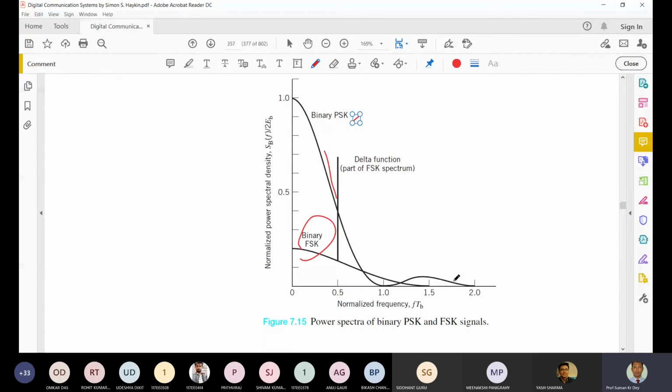And what is the rate over there? We normalize the S_B(f) by 2Eb, so the value plotted on the y-axis is the normalized value with respect to 2Eb, and on the x-axis is the frequency normalized with Tb.